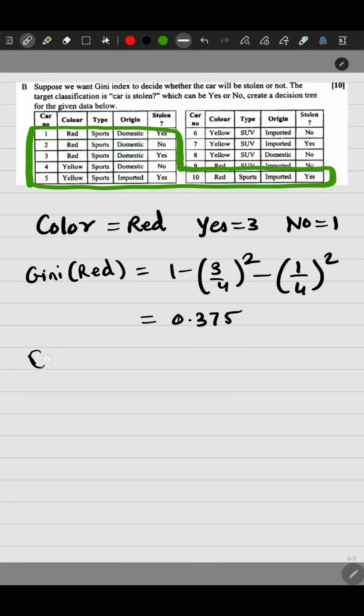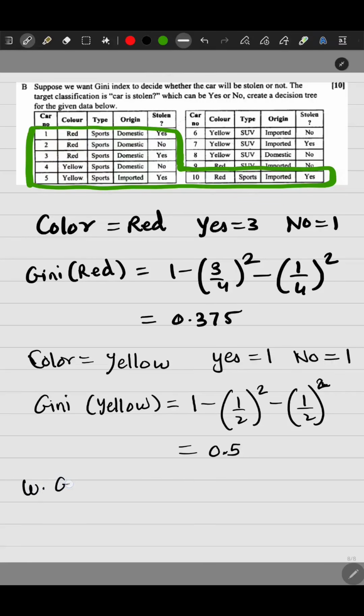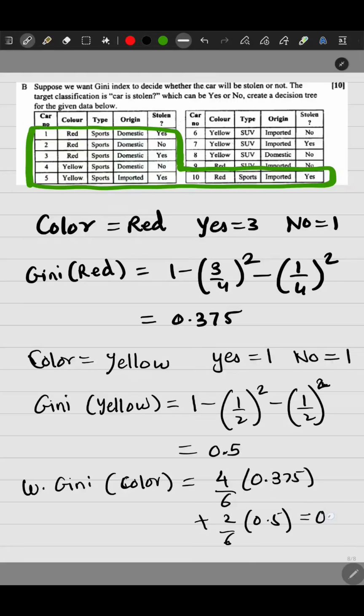Now similarly for color equal to yellow, yes is equal to 1 and no is equal to 1. So Gini of yellow is equal to 1 minus half square minus half square, which comes out as 0.5. And weighted Gini for color comes out to be 4 by 6 of 0.375 plus 2 by 6 of 0.5, which is 0.417.